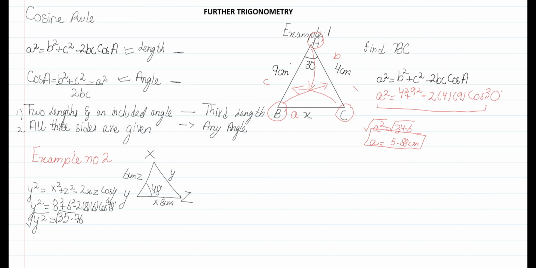You have to find out the value of y. So the square root of 35.76 would be 5.9 centimeter. So this is the example number 2 that I solved for you guys.